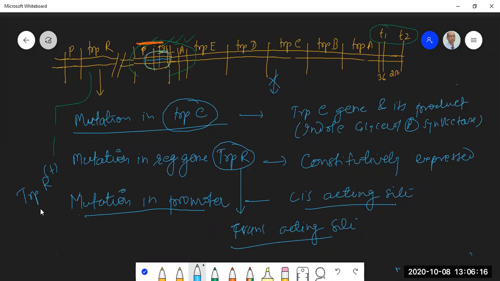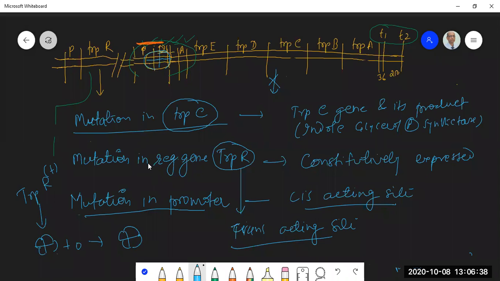What does it mean? This trpR is going to synthesize a normal repressor protein. If tryptophan is available, this normal repressor will combine with it to form a repressor co-repressor complex, which will bind to the operator when tryptophan is present. So in the presence of tryptophan, this operon will get switched off.